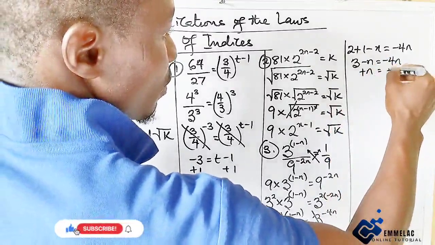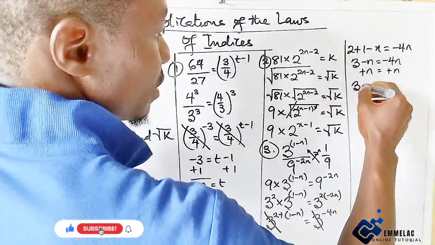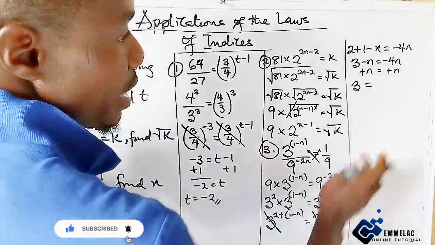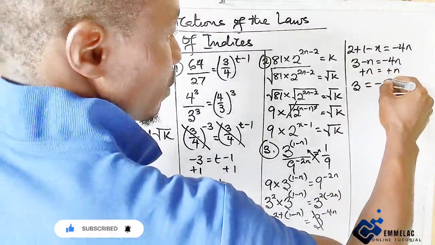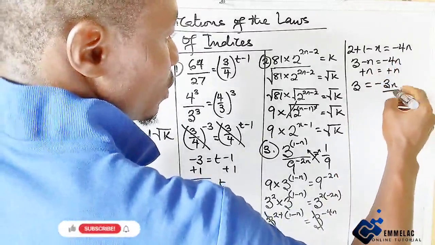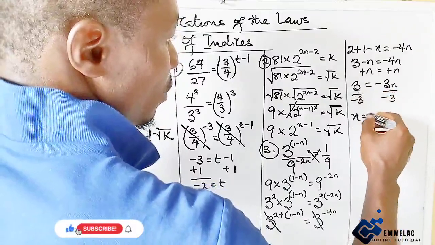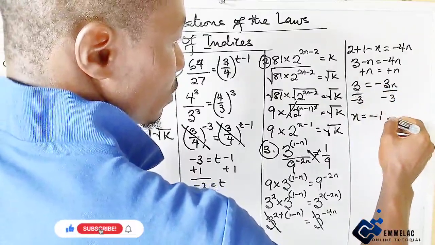So here we have 3, this one cancels out, equals minus 4n plus n, which gives us minus 3n. We can now divide through by minus 3. So our n will give us minus 1.